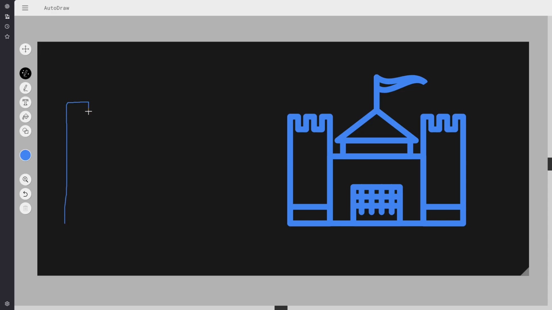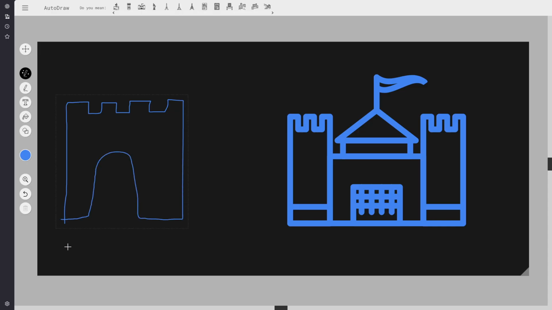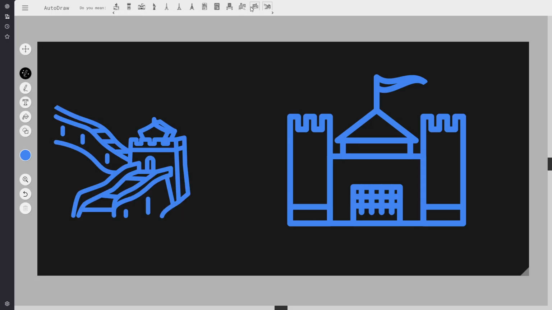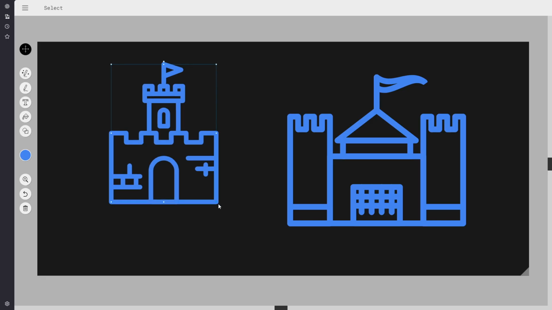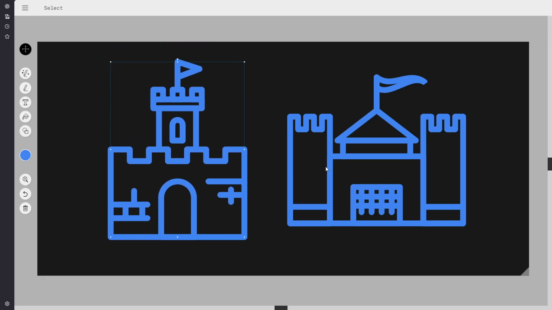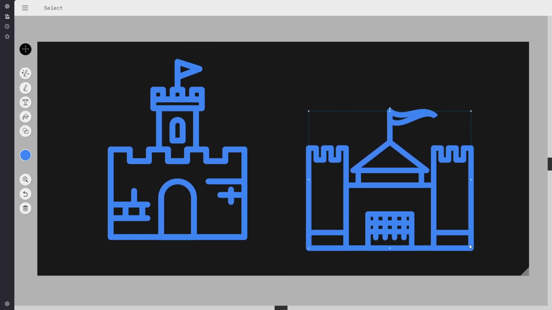I wonder if it's going to do this. Something like that. So this is the castle, and this can be the gate. Yeah, okay, so we've got what we need here. Got the castle, and we've got the gate. Make it a bit smaller.